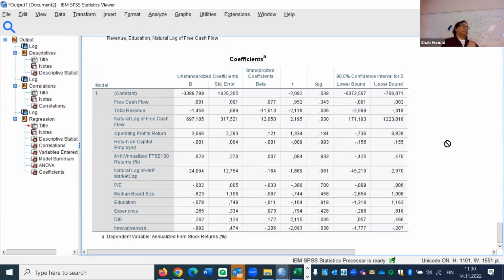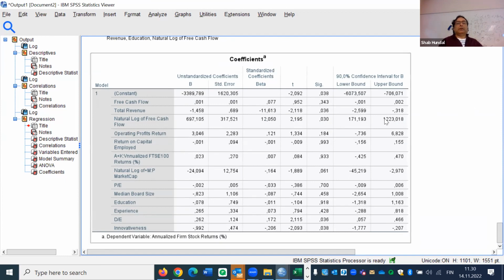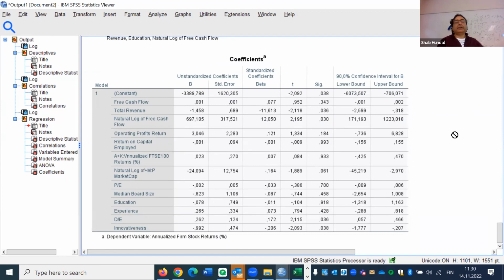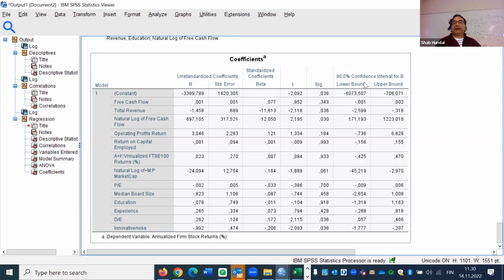The first thing, look, there's so much information in this table, okay? When you have so much information in a table, you should not see what you want to see. You first see what you should not see, okay? I will not see this thing. I will not see this thing. Only three things I would see in this entire table.